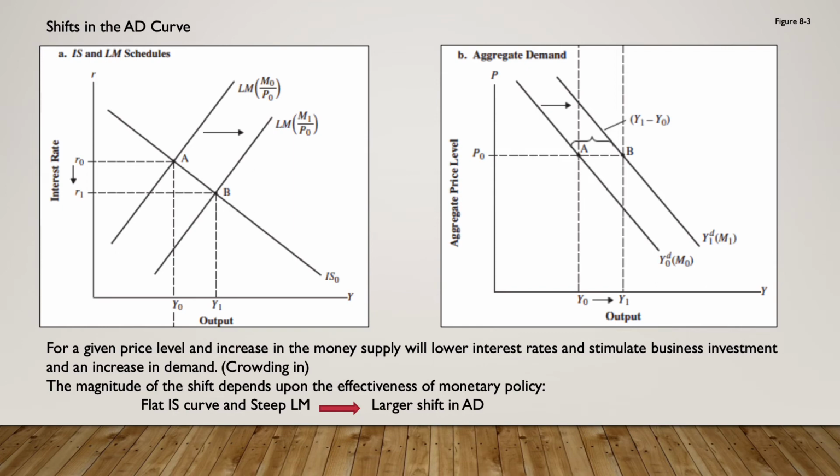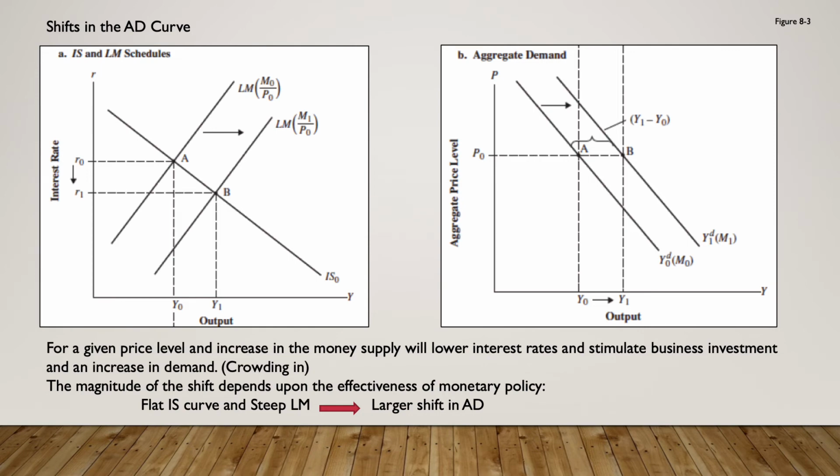So the magnitude of this shift depends upon the effectiveness of monetary policy. And if you remember from past lectures, the effectiveness of monetary policy depends upon elasticities of money demand and elasticities of investment. Money as a policy variable has a larger impact when there is a flat IS curve and a relatively steep LM curve.